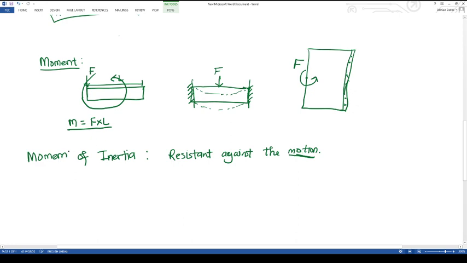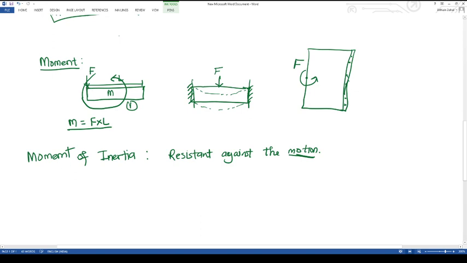Because when I'm applying, see in this diagram, let this be diagram 1. In this diagram, this whole plank is having some mass m. Now, because of this mass m, when I'm applying a force, there will be an equivalent opposite force acting against the motion, against the direction of this applied force here.